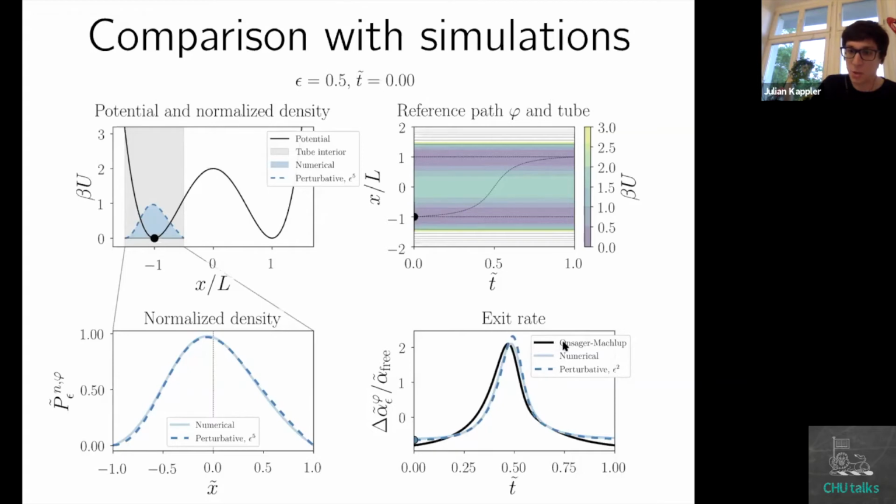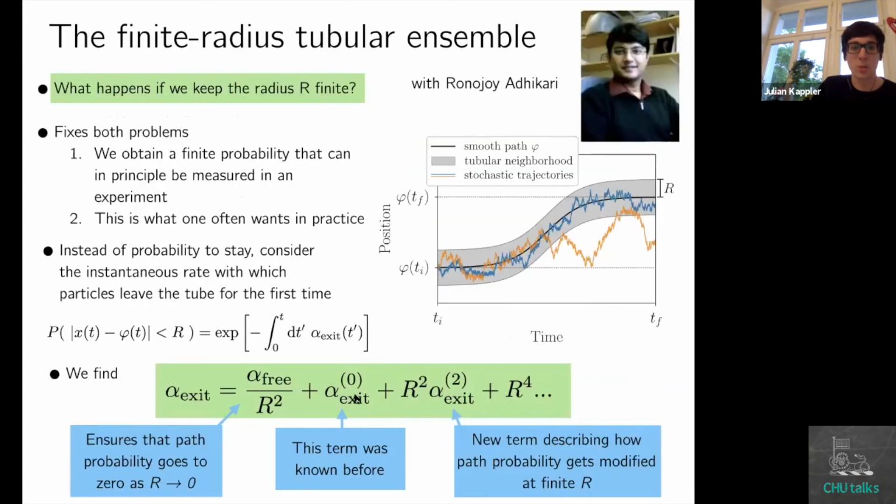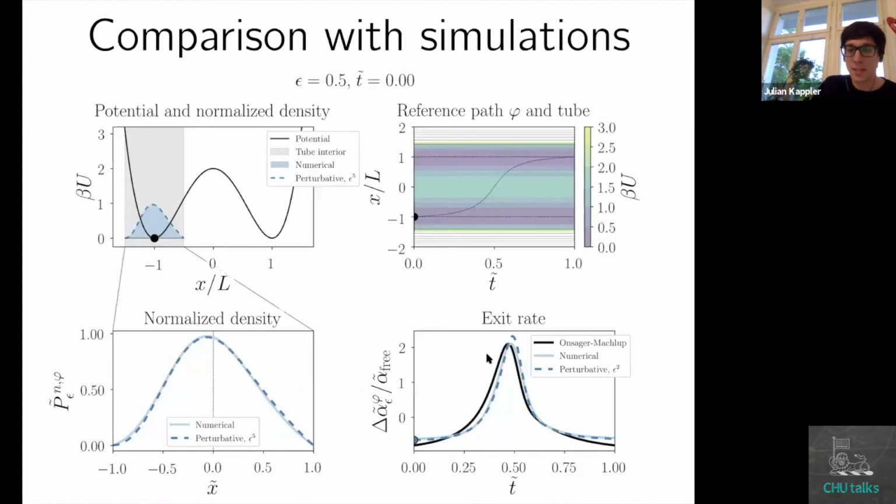And this line that is called Onsager-Machlup here is this result that was known before. So basically what we're saying is, if we take this path in this system with this tube radius, then our quadratic corrections are important, because the difference between the blue dashed line and the black line are exactly these quadratic corrections that we calculated. And here, let me just run the video.